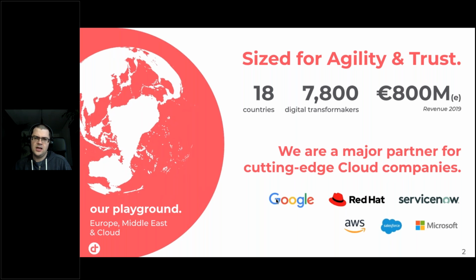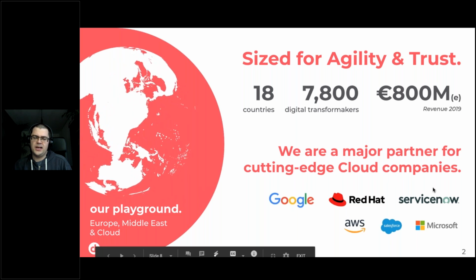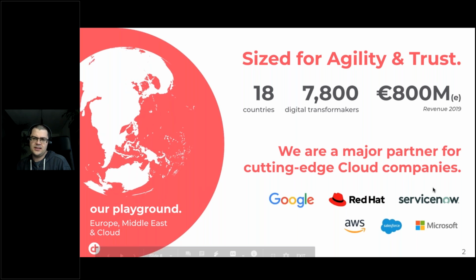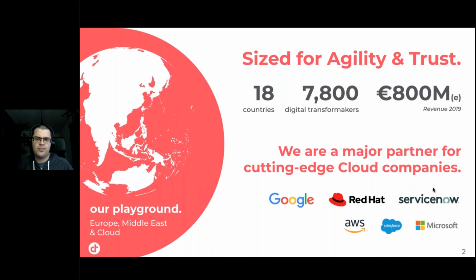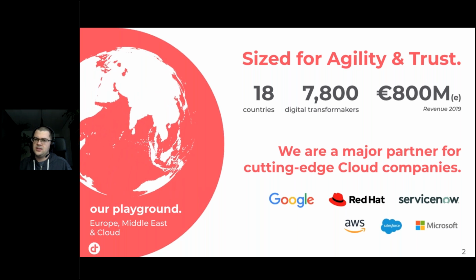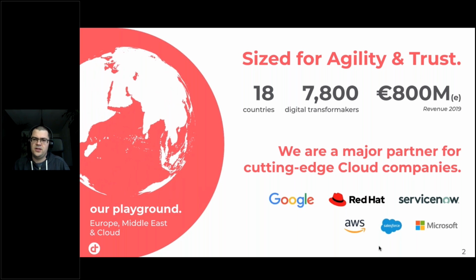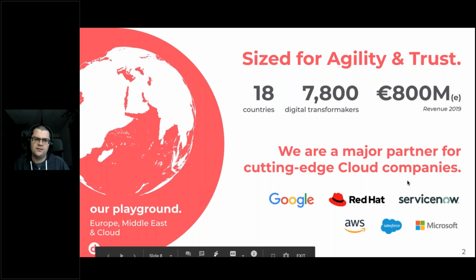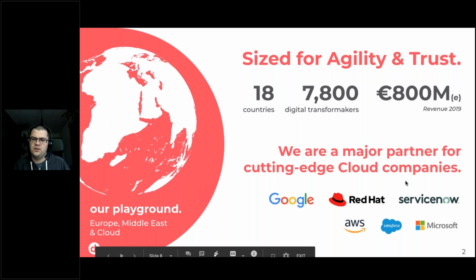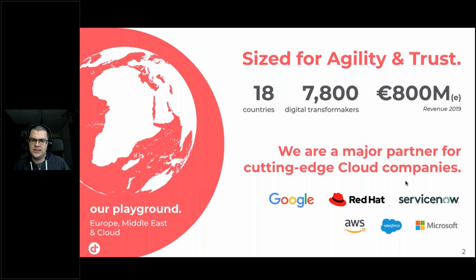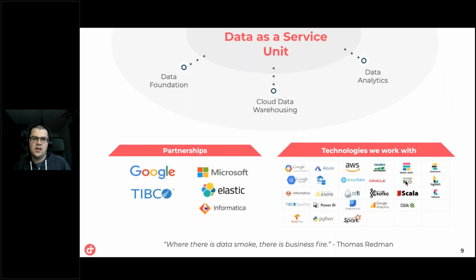And we have 3 global partners, which are Google, Red Hat, and ServiceNow, but we have some more partners locally in different countries. For example, AWS, Salesforce, and Microsoft here in the Netherlands, where we are, but also some more.